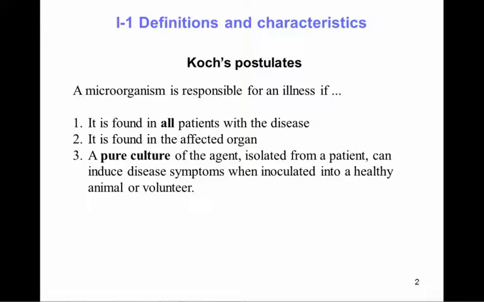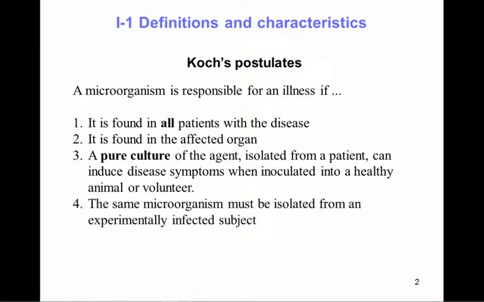And then the bacterium should provoke the disease. You perform a controlled experiment, and that's what allows you to infer causality. Now, the cherry on the cake is that after you've done that, you should be able to re-isolate the same organism from the experimentally infected subject. So if you do that, then you've really done everything to prove that the bacterium is causing the disease.